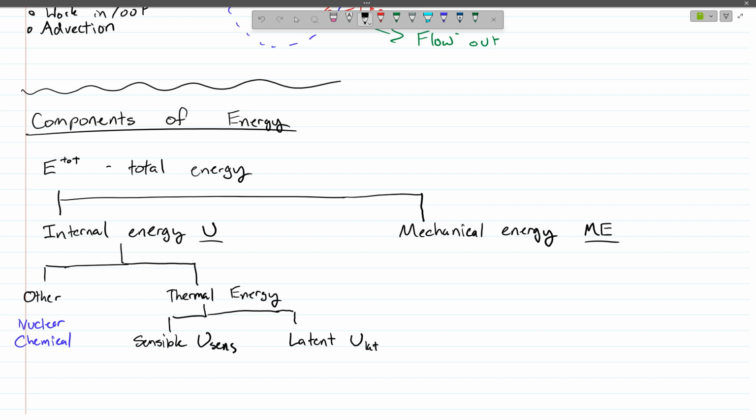And then under mechanical energy, we'll keep this fairly simple. We basically have our kinetic and our potential.